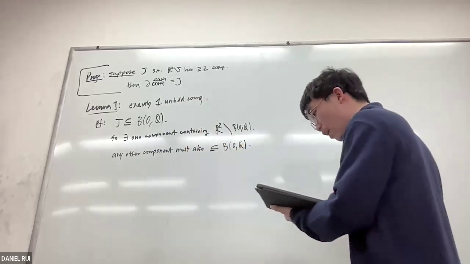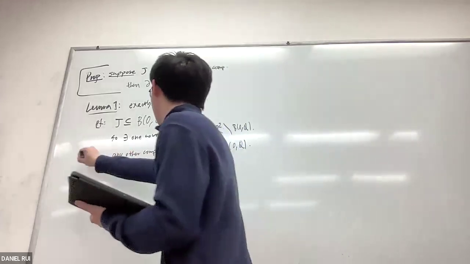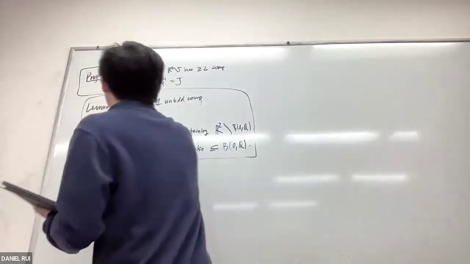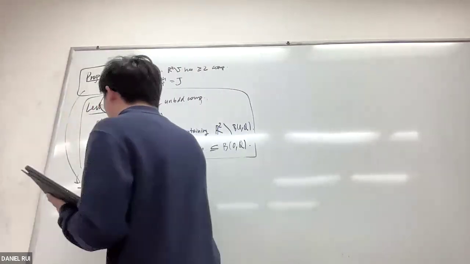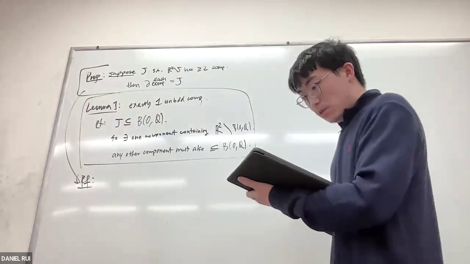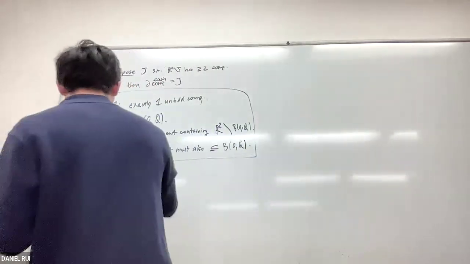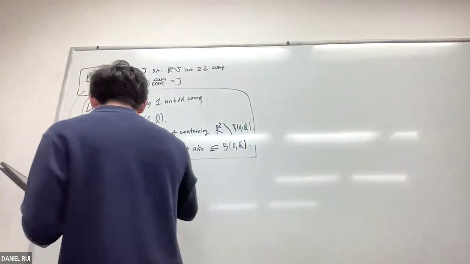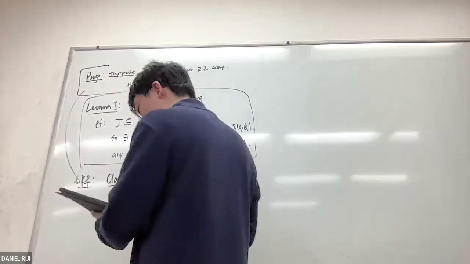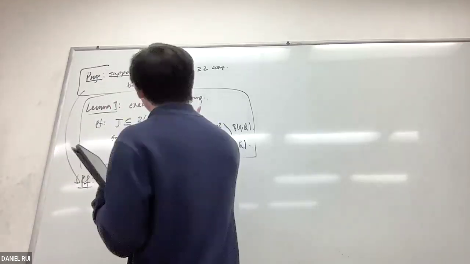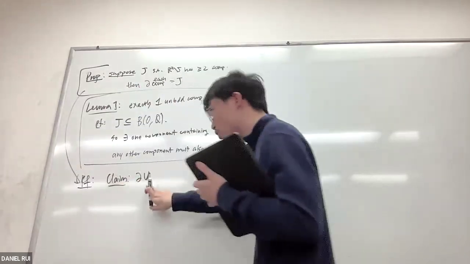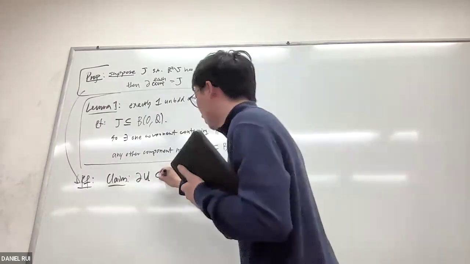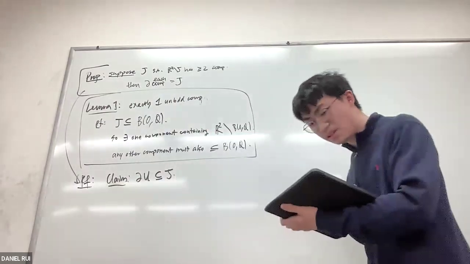So now the lemma's over. The proof of the proposition. First claim, this is the easy direction. The easy direction is that the boundary of the component, so I'm going to start with a component U, is contained in J. Why is this true?